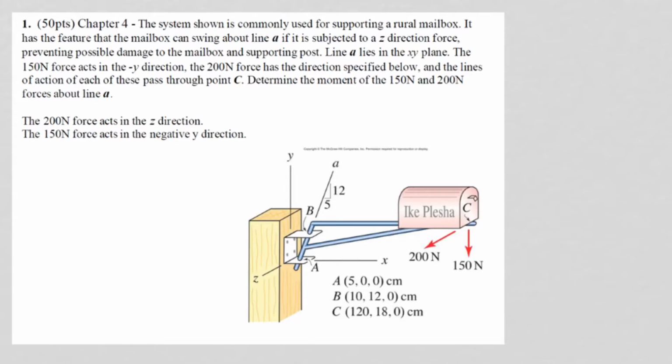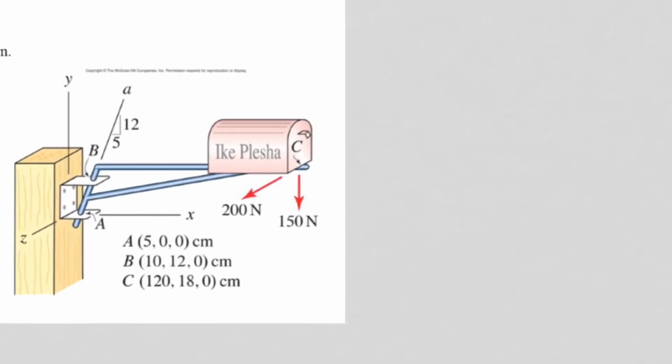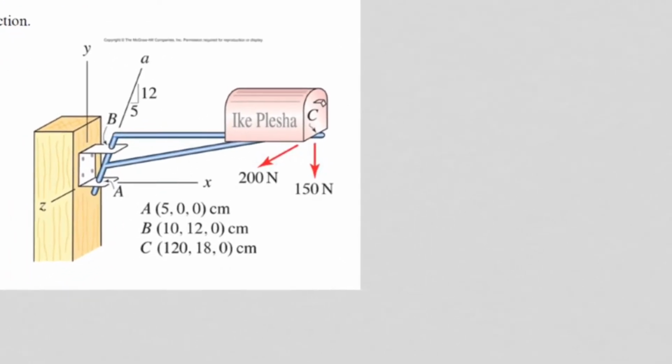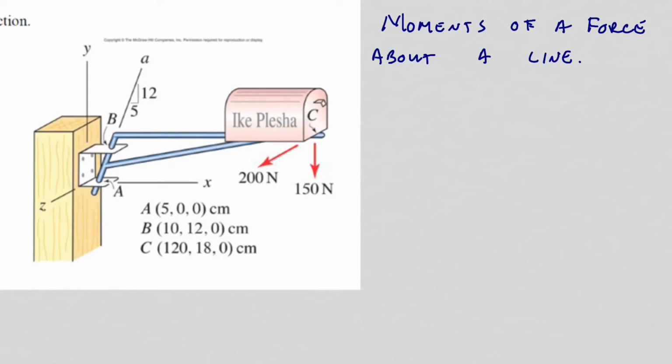Okay, so let's look first at the steps that we need to do to solve this problem, finding moments of a force about a line. The first step in this process is to find the vector expression of the force that we want to know the moment of about that line.